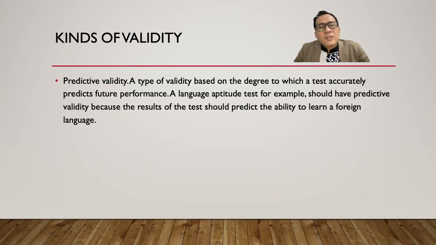How do we measure such things? You have to wait for some time after the test. Then you will see whether those who had high grades in your test perform better in the future. Something like that.